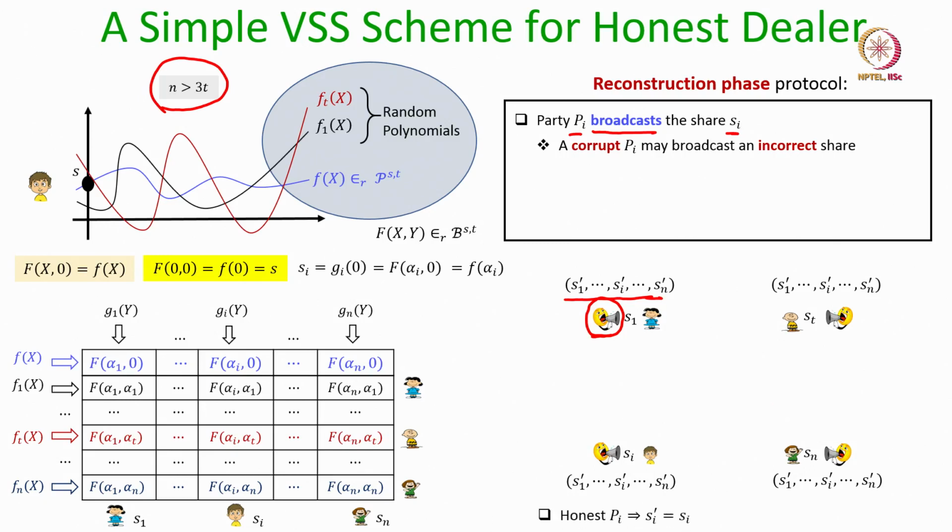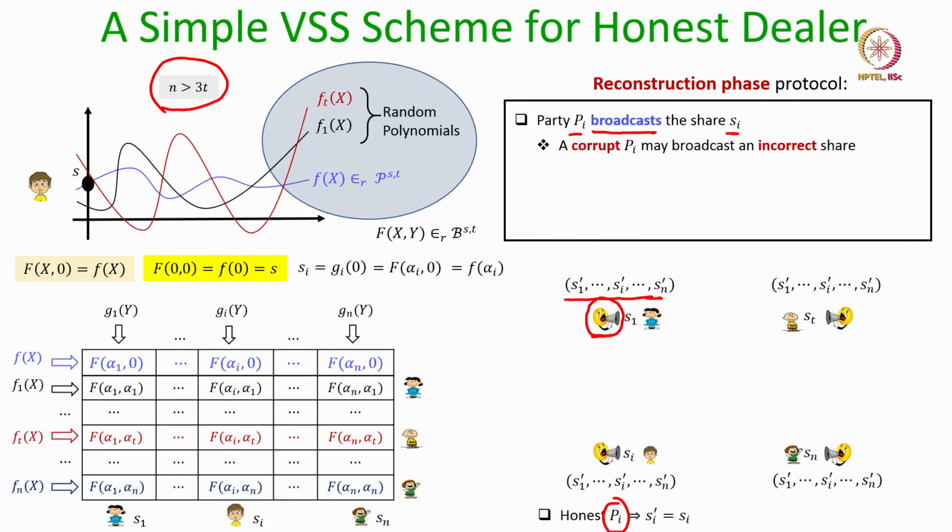And what we know here is that if the party Pi is honest, whatever share he has broadcasted is the correct share. So, up to t shares among these n shares could be incorrect. And the parties will not be knowing the exact identity of the t corrupt parties.